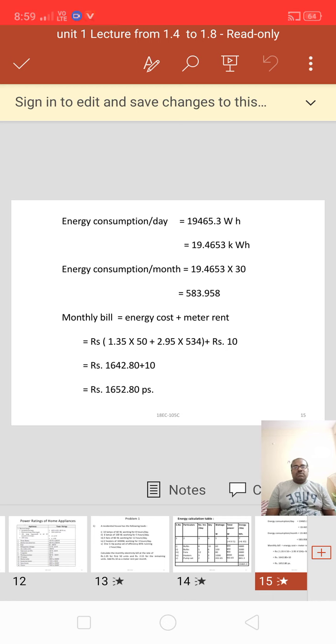Now energy consumption per month is equal to 19.465 into 30, equal to 583.958.